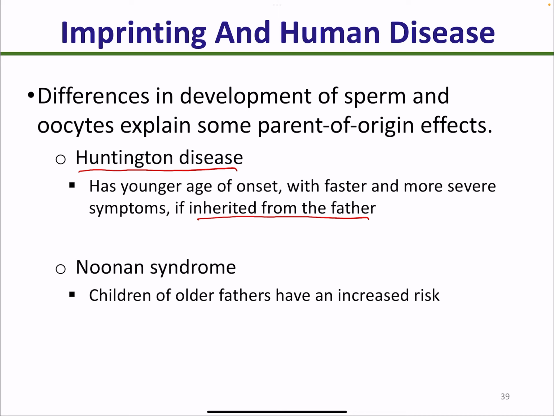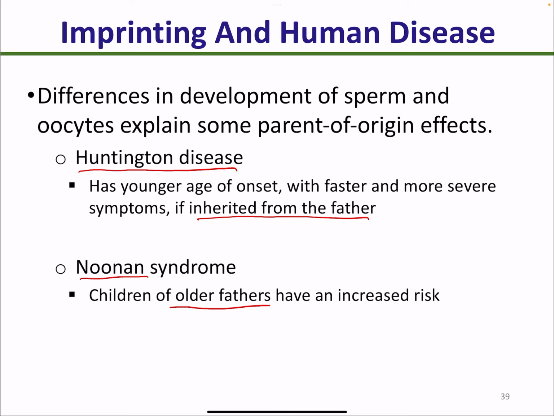The Noonan syndrome is going to be expressed in children with a dad who is actually old in age. Okay, so as the father grows old in age, like in the 70s, because at 70, a male can still have children, right?